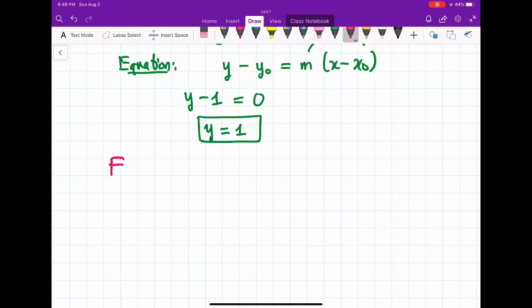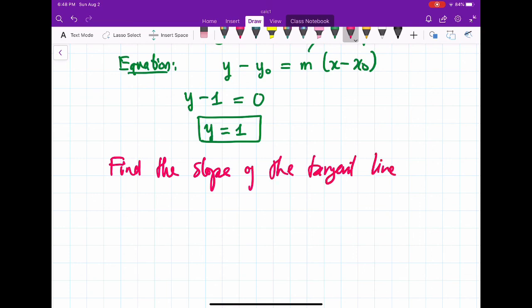Let's find the slope of the tangent line at x equal to x0, very general case, okay?